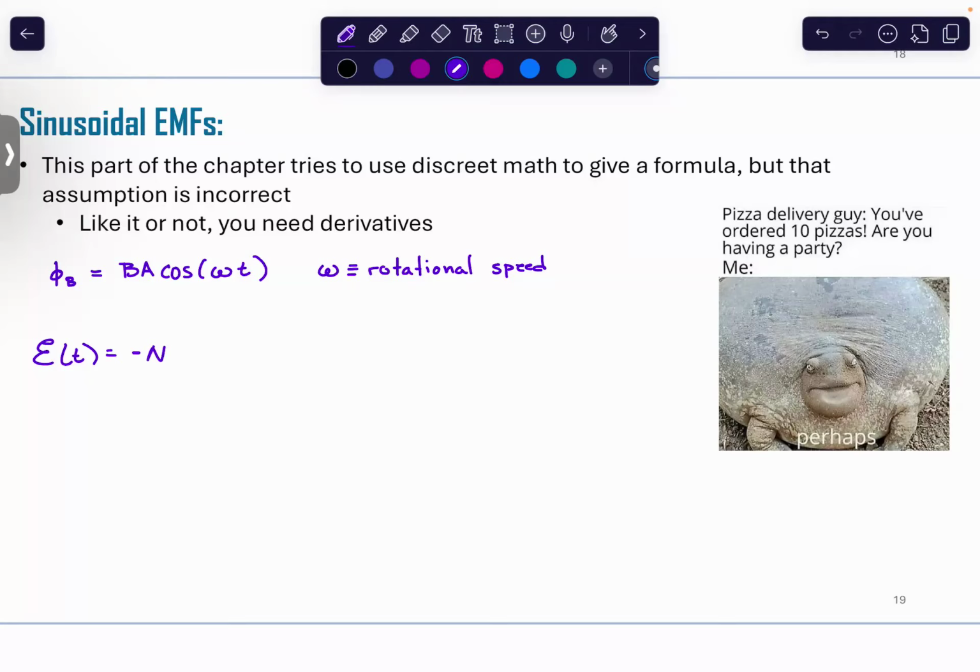But we're not doing that. So you have to use derivatives and get used to the trigonometric round robin. Because here's how the derivatives of sines and cosines work.